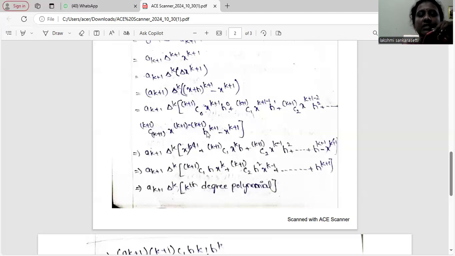In place of n we suppose k+1, and in place of y we take h.